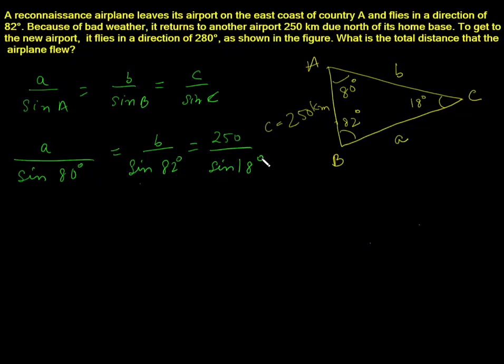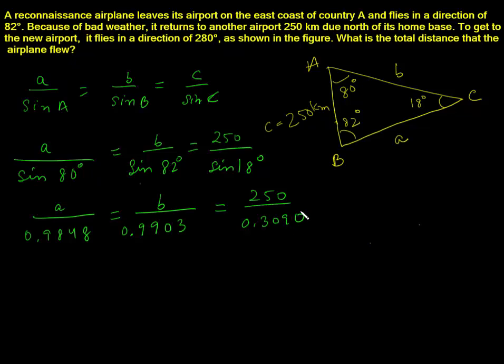Now let me quickly use my calculator to find sine 80. It is 0.9848, I'm just approximating it, and sine 82 is 0.9903. 250 divided by sine 18 is 0.3090.